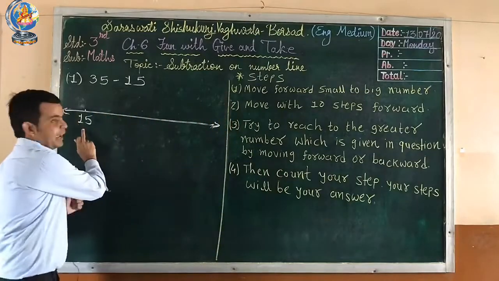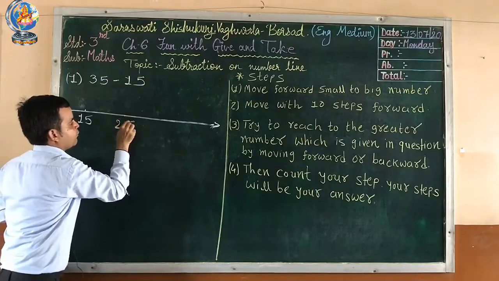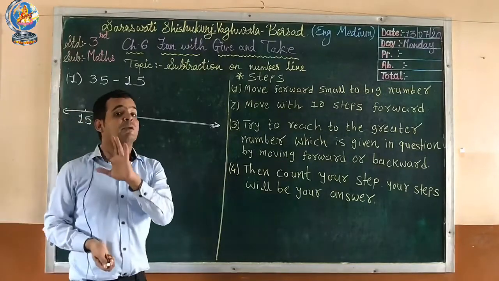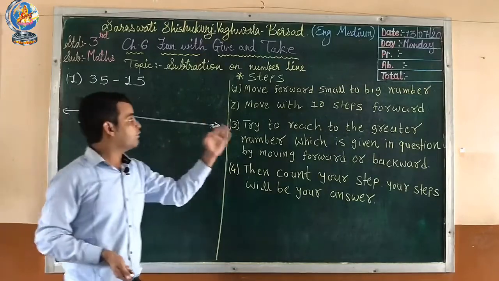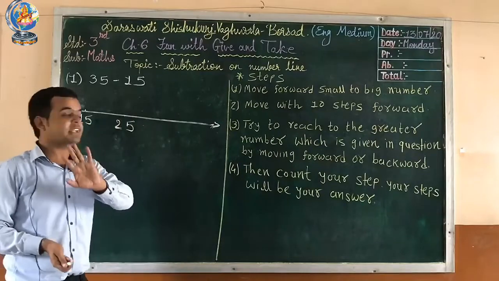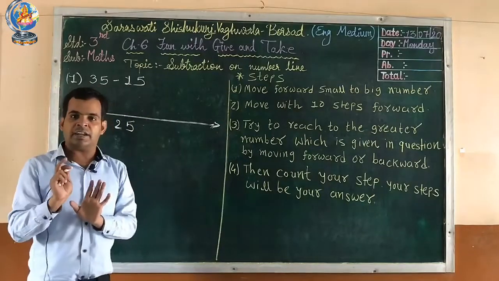If we add 15 plus 10, we get 25. Also remember the third step: we have to reach up to the greater number given in our question. In our question 35 is given, so we have to go up to 35.